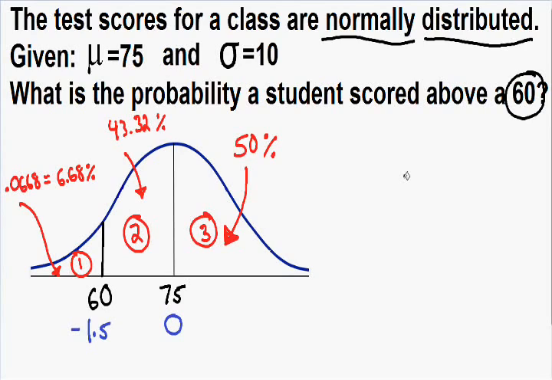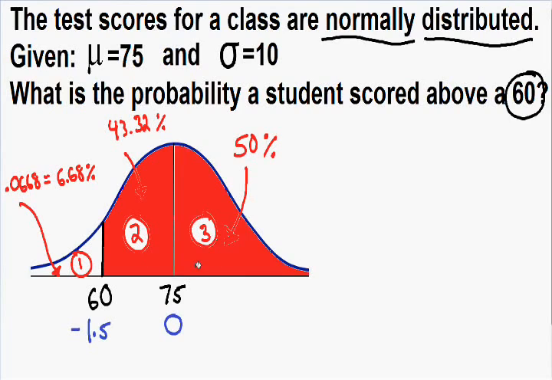Okay, so now we have everything that we need to know in order to solve this problem. The problem is asking us what is the probability that a student scored above a 60. So we need to find the area above our value of 60. So the probability that a random student X scored greater than a 60 is equal to the area of section 2 plus the area of section 3.